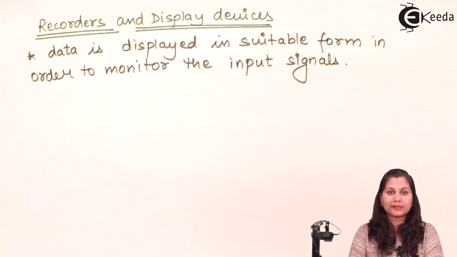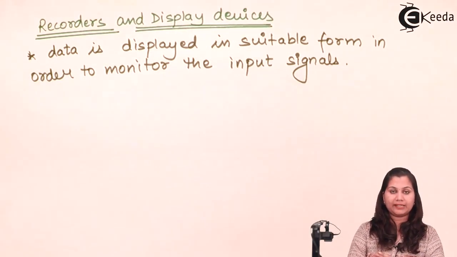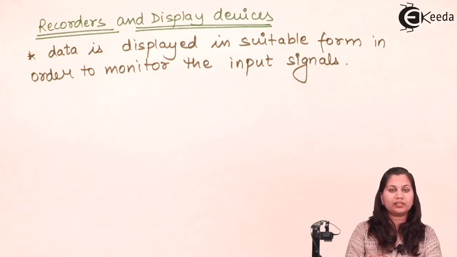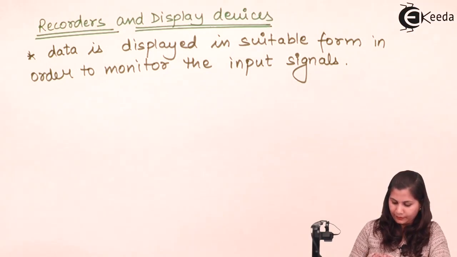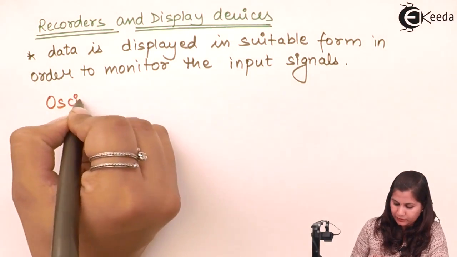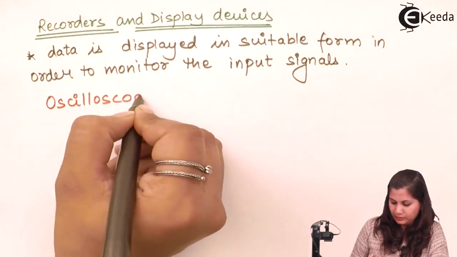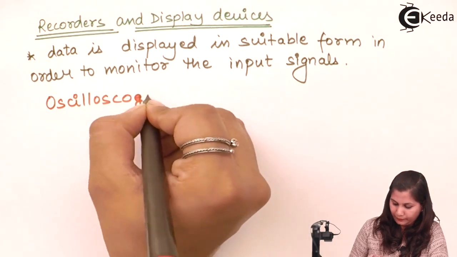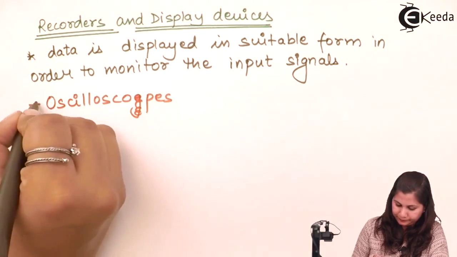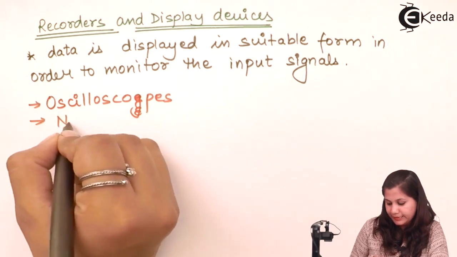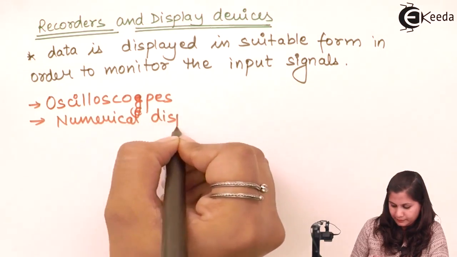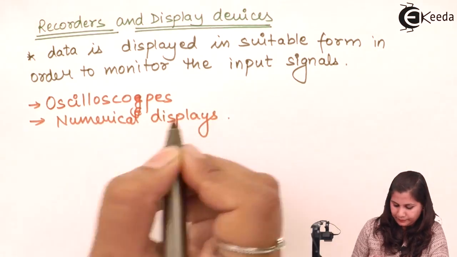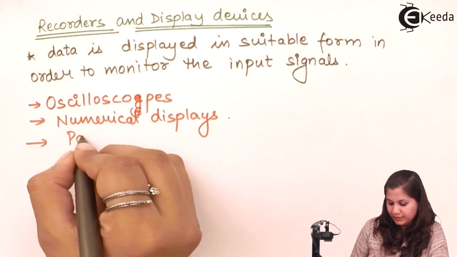So this data is displayed in the display devices so that the input signals can be easily monitored. Now examples of display devices are oscilloscopes, numerical displays, panel meters.